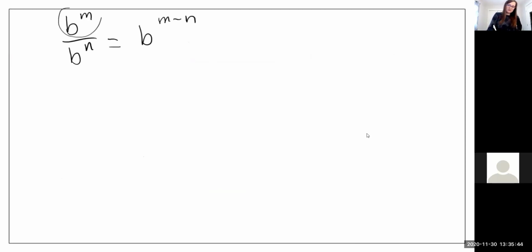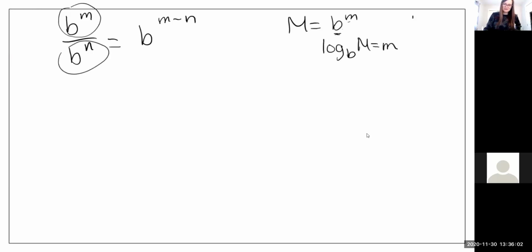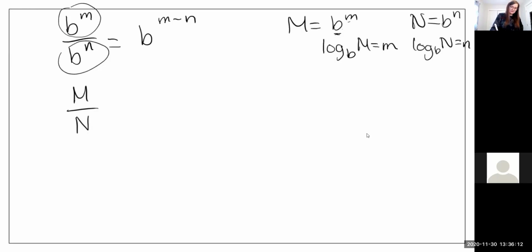And if I call this m, then I can rewrite that in log form. Log base b of m is little m, and log base b of n is little n. So I have m over n equals b to the m minus n.